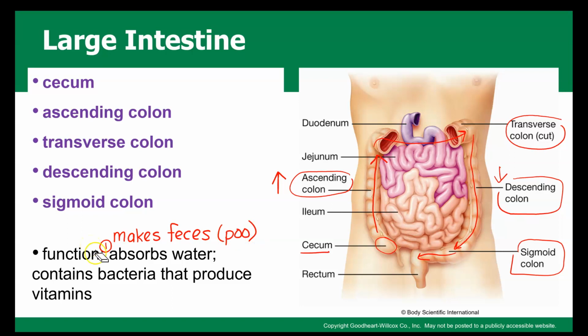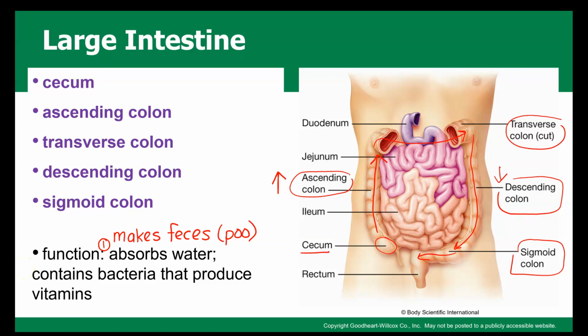So the main thing that the large intestine does is that it absorbs excess water from that remaining material. If you think about diarrhea, it's really watery, right? That means the body sent something in what you ate that it was like, oh, we need to get this out of here and we need to move this through quick. So that material moves through the large intestine so quickly that it doesn't have enough time to get the water out of it.